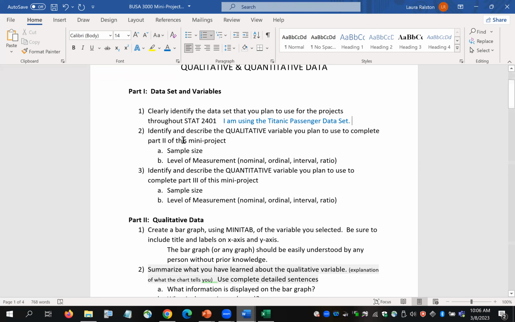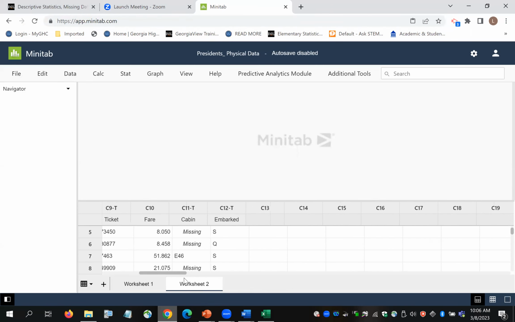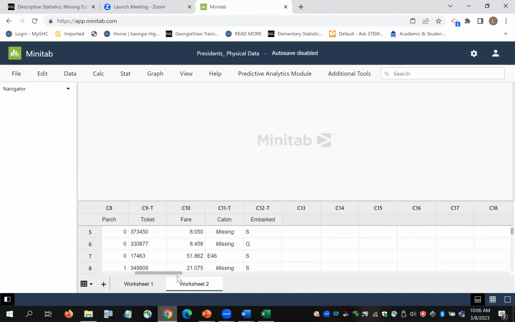Then I ask you to identify the qualitative variable that you're going to use to complete part 2 of this project. So I need to choose a qualitative variable. I'm going to choose, and I wish I knew what they stood for, and I may try to look it up in a minute, where they embarked.